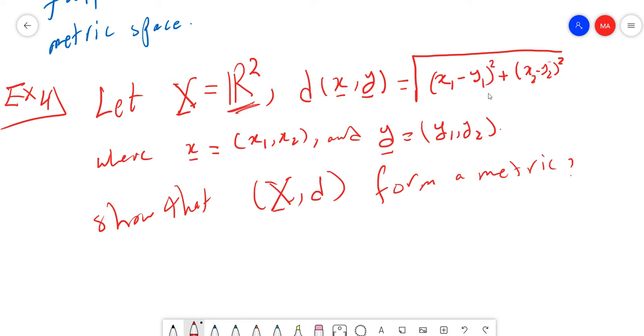Replace x1 by y1 and x2 by y2, then we get the symmetric property for d. The hardest condition is the third condition, which is about the triangle inequality for this metric space.